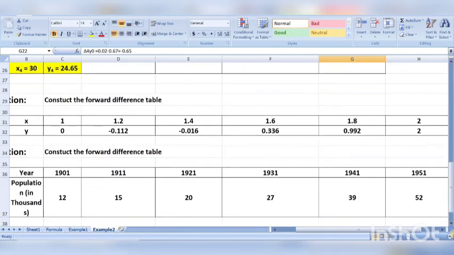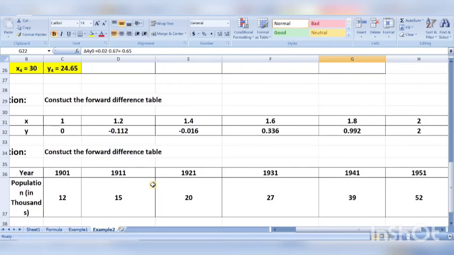You have given in first table 1, 2, 3, 4, 5, 6, that is n equals to 5, and in the second table 1, 2, 3, 4, 5, 6. So again here n equals to 5. So use the formula table for this and construct the forward difference table.